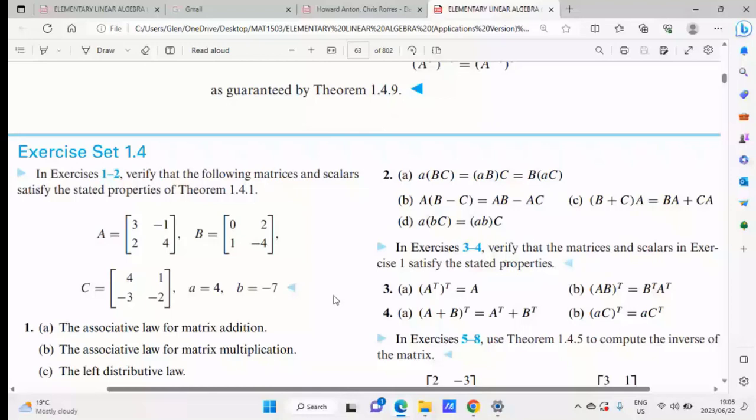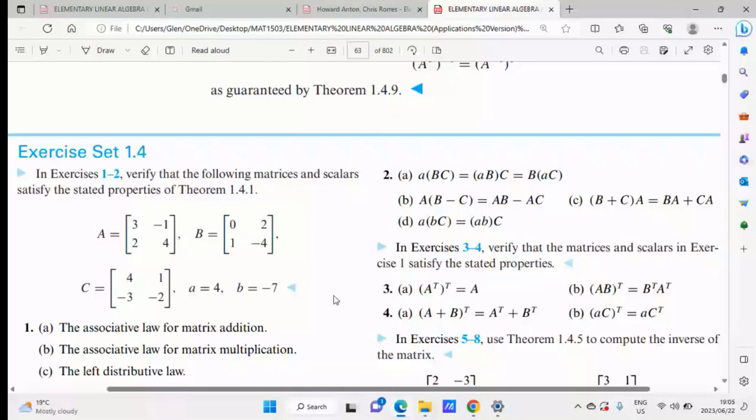So look at the BA first entry. BA, the first entry is 4, plus the CA first entry, 14. Oh, I already added them.